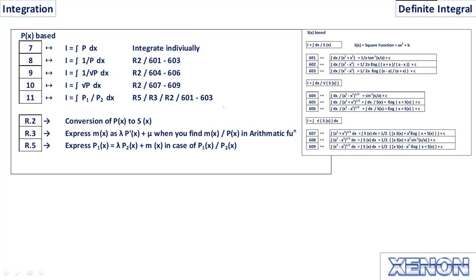Here in the previous sections we have seen how to convert Px to Sx, how we express Mx as lambda P dash x plus mu, and how we express P1x as lambda P2x plus Mx. Clear? Right?